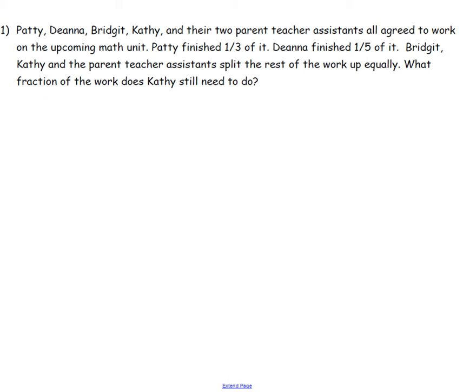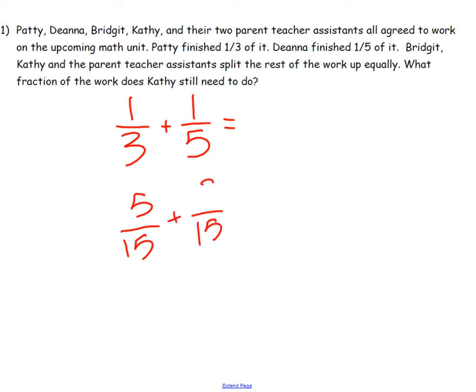Okay. So we can start off, if Patty finished 1/3, other girl finished 1/5, how do we figure out how much they did combined? So you add it together. So we have a common denominator of 15. 1/3 is how many 15ths? 5. 1/5 is 3/15.